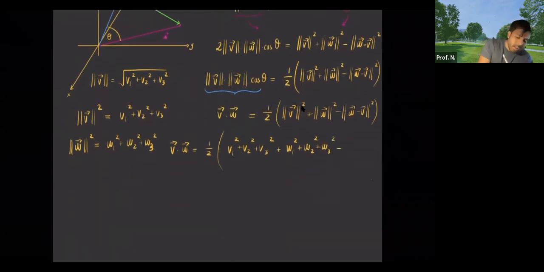Now, what is W minus V norm squared? What is that? I'll put this in a different color.